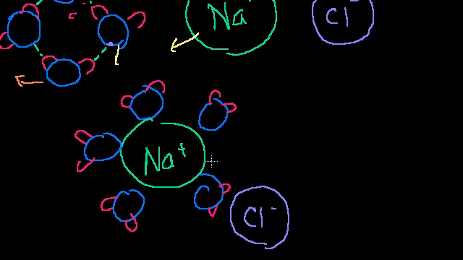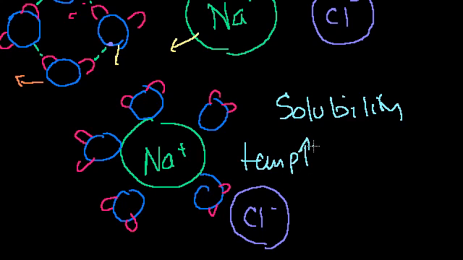So in general, if you think about the solubility of a solute in water, especially a solid solute like sodium chloride, into a liquid solvent, then the higher the temperature while you're in the liquid state, the more of the solid you're going to be able to get into the liquid, so you're going to raise solubility. So temperature goes up, solubility goes up.